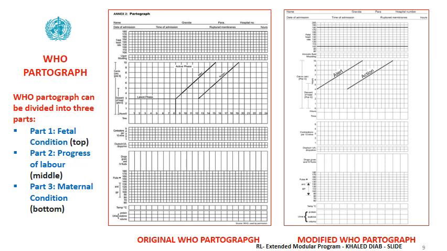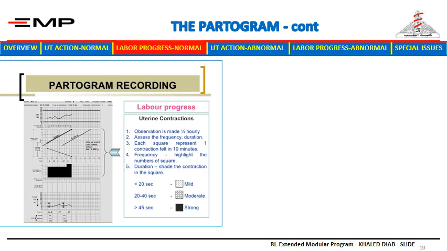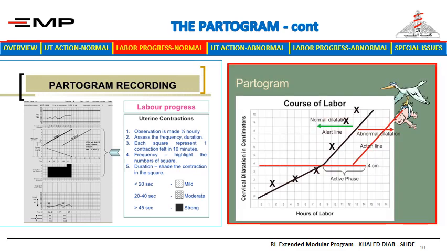A modified WHO partograph differs from the original as it starts with the active phase of labor due to marked variability of the latent phase. The following figure shows how the partogram is filled. The following figure shows how the partogram is interpreted.